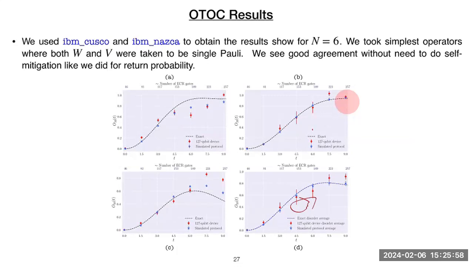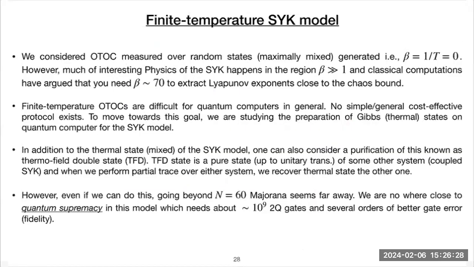And for small times, there's some discrepancy at the late times, but at small times, more or less, these agree very well. And in fact, the disorder average agrees very well up to very late times. For example, t equal to 9 is what we stopped at. And for that, we needed around 257 2-qubit gates, which is almost the boundary of what we can do with the resources available.